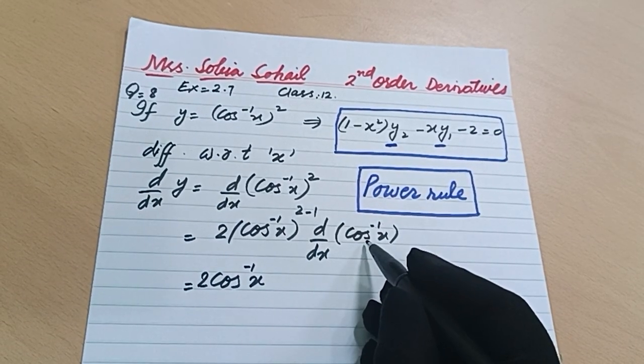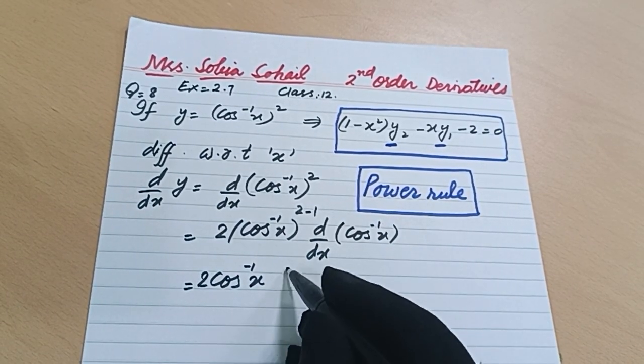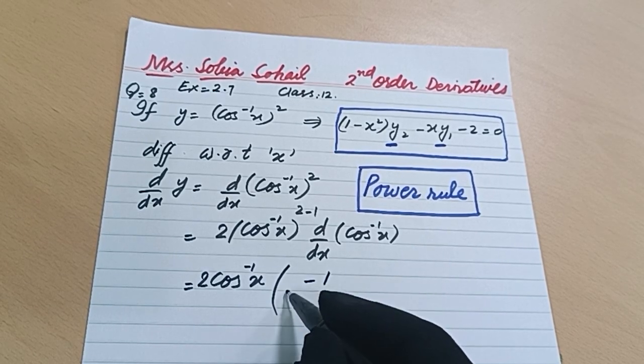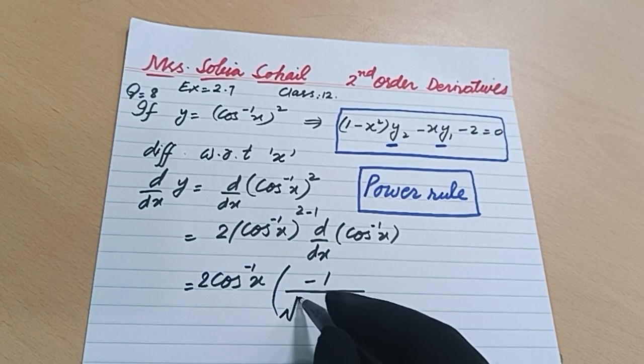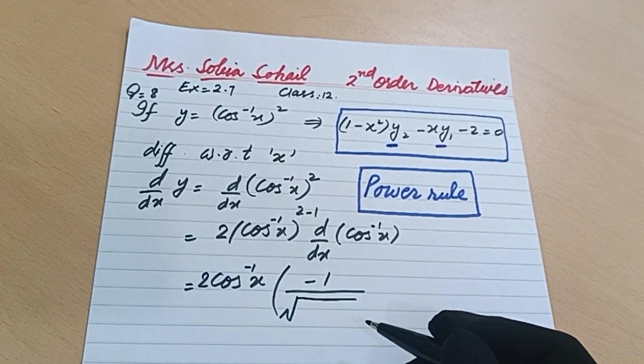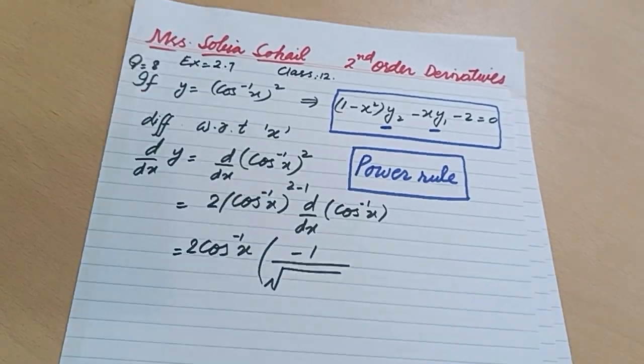Derivative of cos inverse. What is the derivative of cos inverse of x? That you have to learn. Before that I have done a video regarding the derivation also. That is 1 over square root of 1 minus x square.